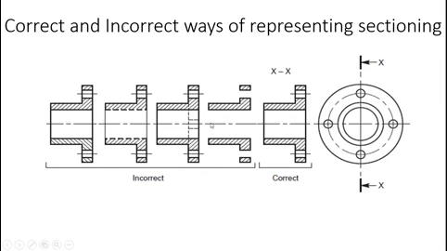Then the next one, the fourth one from the left. On this one, you can see that the hatching lines are going in the same directions, but look at the visible outlines. There are no visible outlines here, and also here, and also on this part here.